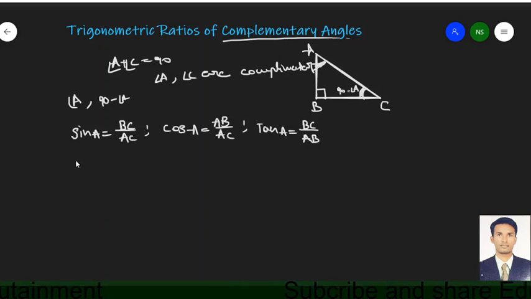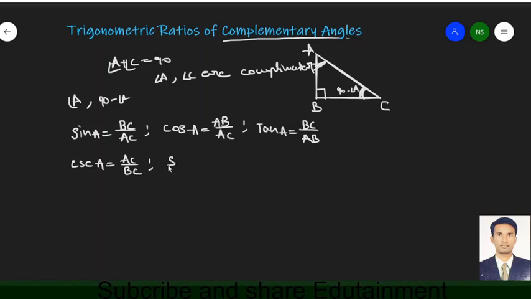Then we can write cosecant A, which is AC by BC, because it is the inverse of sine. Then secant A, which is the inverse of cos, so we get AC by AB.